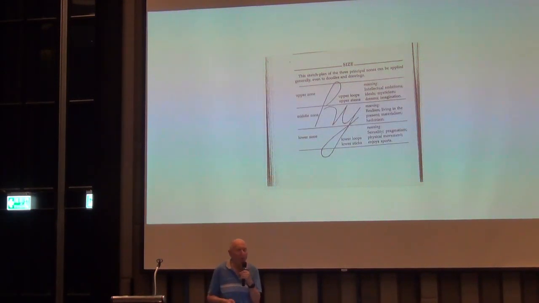So every different shape may mean a different personality trait. Same with the Y's and the G's, whether the return stroke returns to the baseline or below the baseline or above the baseline, and once again the shape, the length and the width and the loop of those particular letters. And we have a look at the proportions of the upper and lower zone letters with your middle zone letters as well.